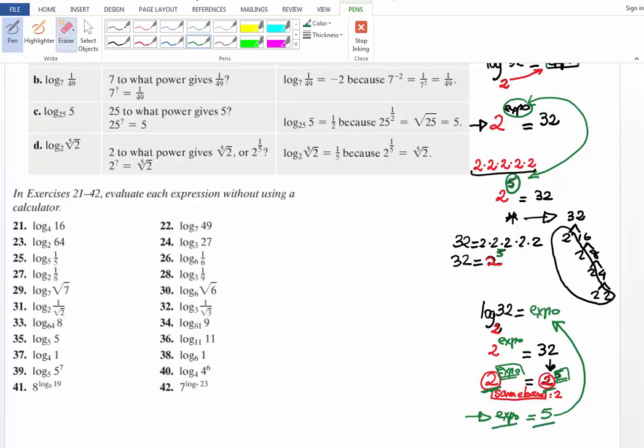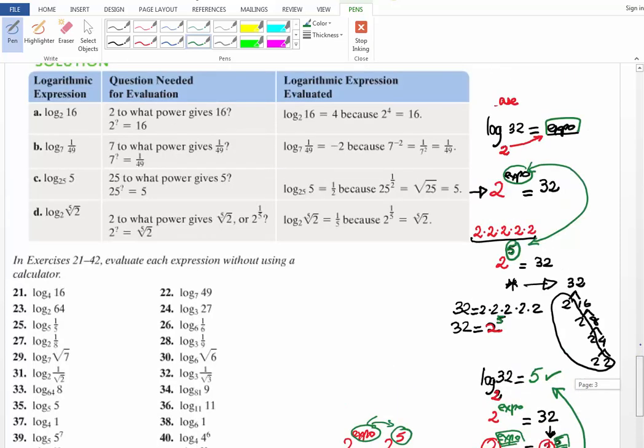So I know my answer. The answer is 5. And I'm done. So keep in mind that we did that because 2 raised to an exponent, if it's equal to 2 to the fifth, then because the bases are the same, the exponents should be matching as well.